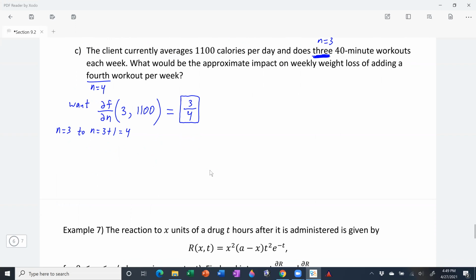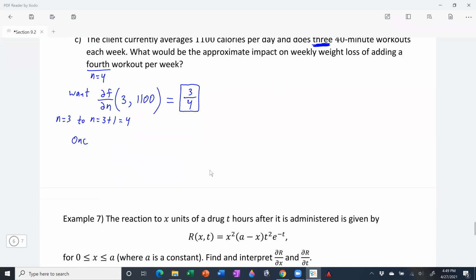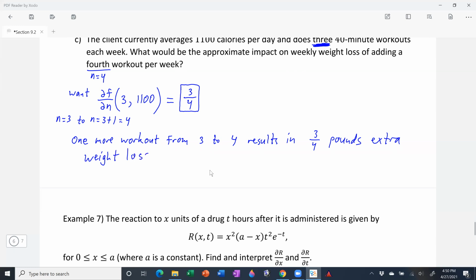Okay, so let's write this in a sentence. We can say, one more workout, from 3 to 4, results in 3/4 pounds extra weight loss per week.